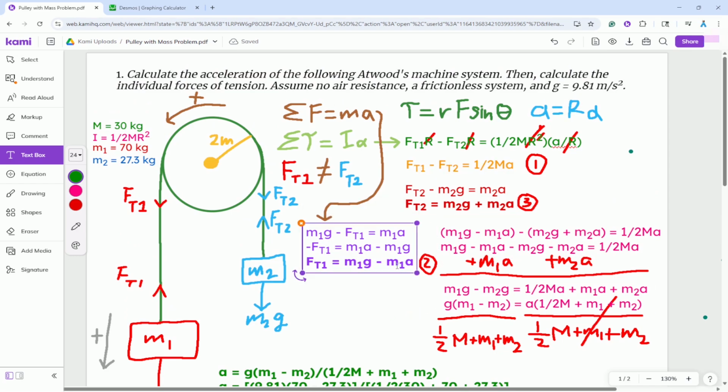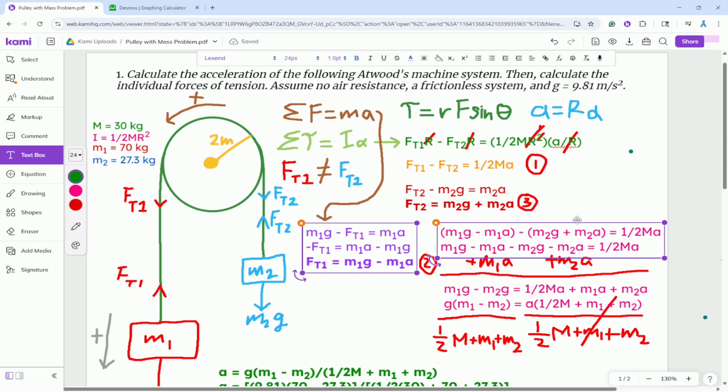But we can actually simplify them a little further. This one. Notice how they both have m1. So you can actually factor the m1, and you get this: FT1 is equal to m1 multiplied by the quantity g minus a.